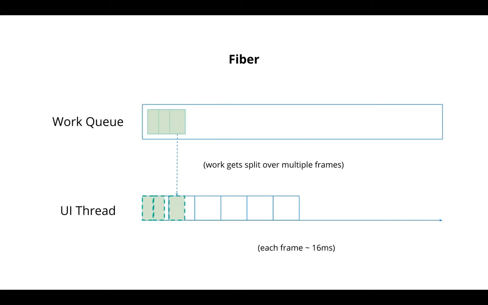I still have work to do, but I don't really have any more space in this frame. So I'm going to take the last chunk of work and prioritize it for the next frame. Behind the scenes, this is done with the requestAnimationFrame API. So this is how work gets split over multiple frames, and basically we make sure that doing something like this always keeps the frames under 16 milliseconds, which will give you that nice fluid experience.